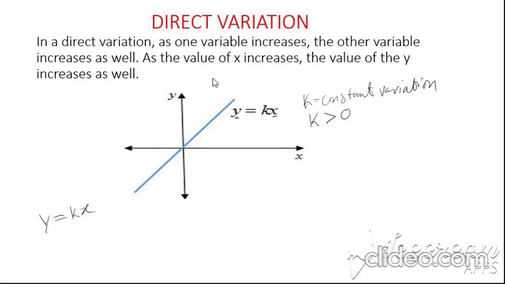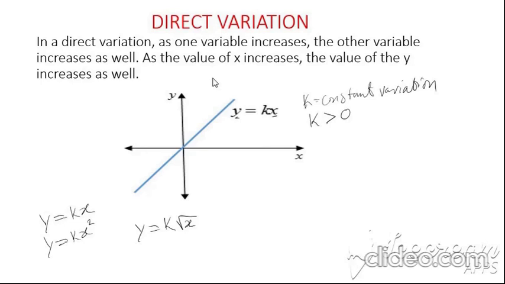This one is constant, so it must be in an expression. When they say something like y varies directly as the square of x, you write k in front, then the square of x, like that. Again, when they say y varies as the square root of x, you write k, the constant of variation, and then the square root of x.